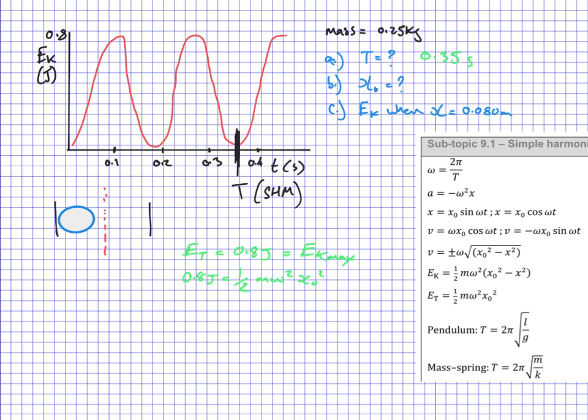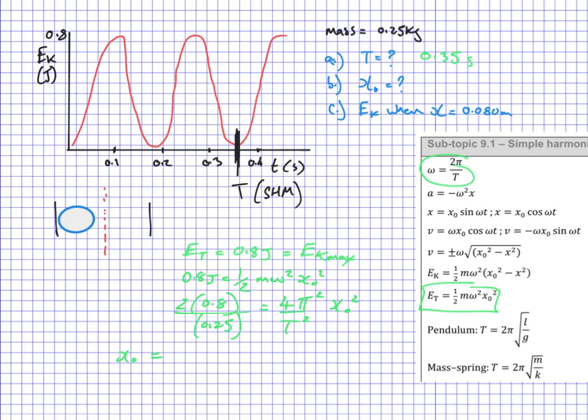So I've just said that 0.8 is equal to this equation, and now I can just go ahead and rearrange it all. So I'm going to go 2 times 0.8 over the mass, which is 0.25, and that's equal to, here's where I'm going to introduce this guy, 2 squared, which is 4, times pi squared over T squared, and then I still have my x naught squared.